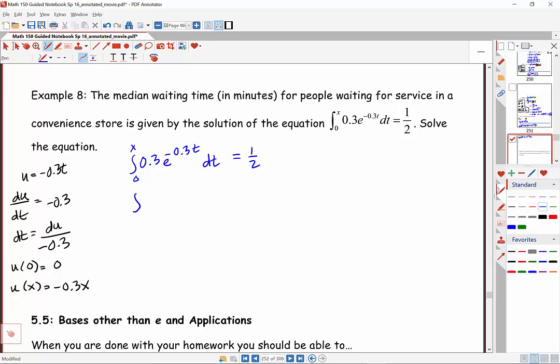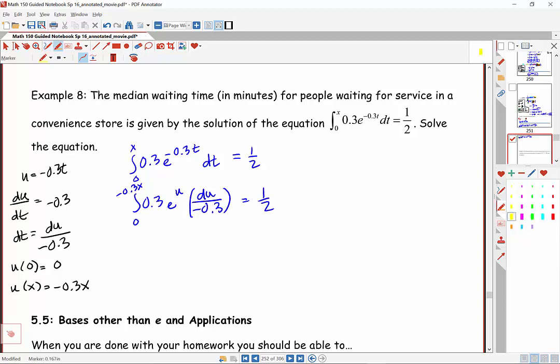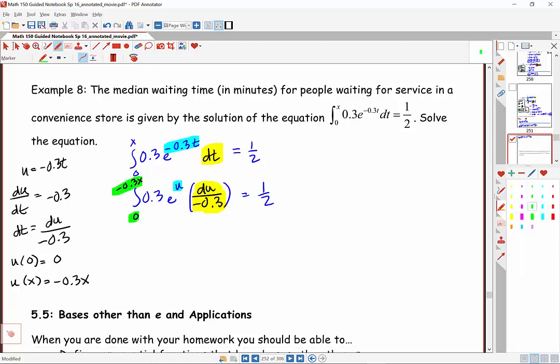We're going to be integrating from 0 to negative 0.3x, with 0.3 times e to the u, and in for dt, we have du over negative 0.3. That's all equal to 1/2. This was our substitution, dt was equal to that, this was what our u was equal to, and we got these limits by evaluating those.